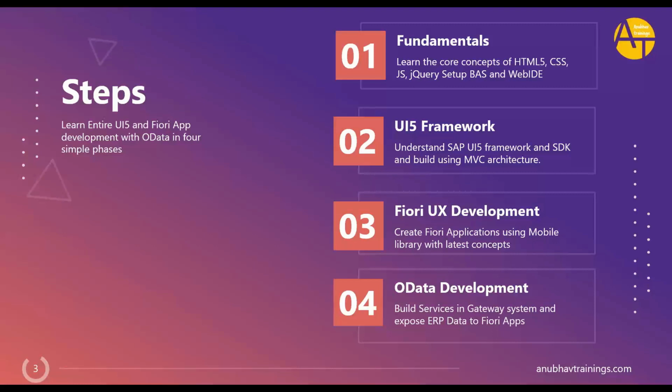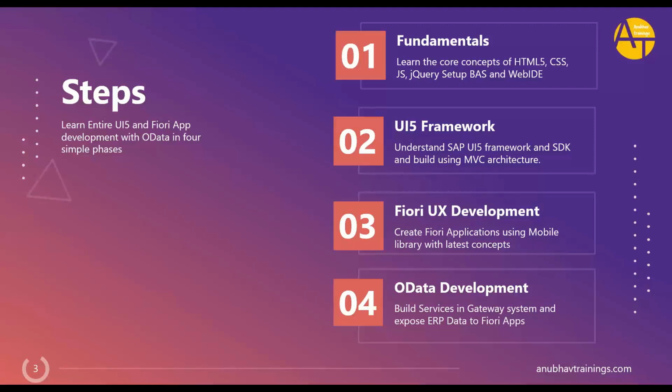We'll talk about the UI5 SDK and also the framework and its libraries, including the standard way of developing applications using MVC architecture. In phase 3 of this training, we will cover SAP Fiori UX development using the SAP mobile library, including the latest concepts like component.js, router, route match handler, manifest JSON, scaffolding templates, and a lot of other options.